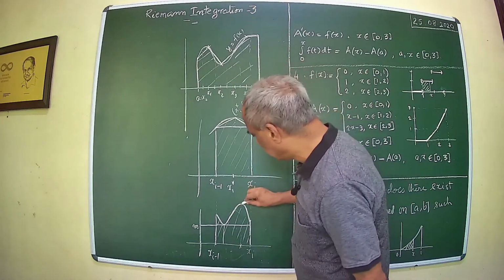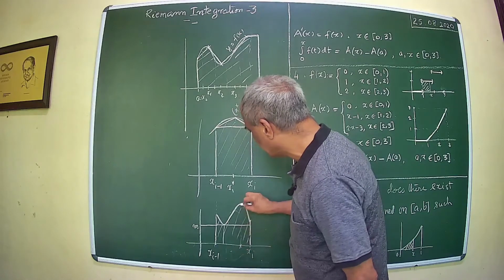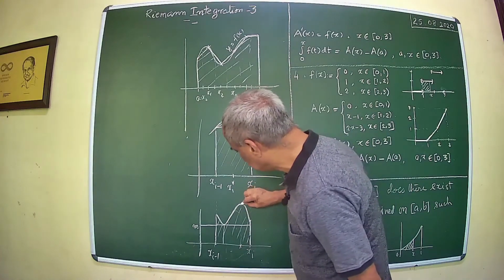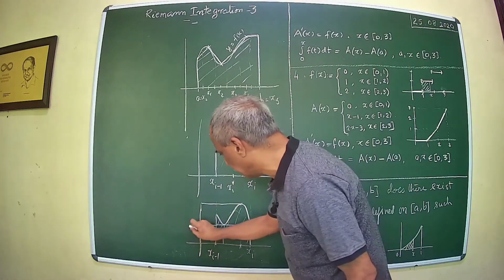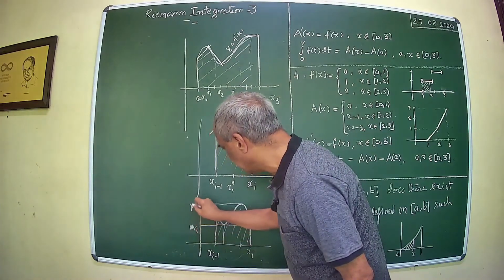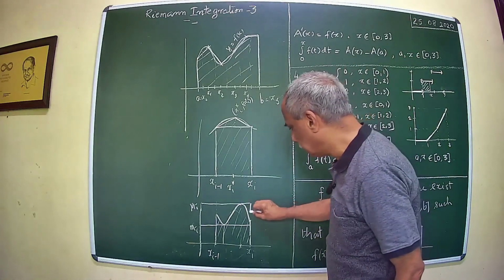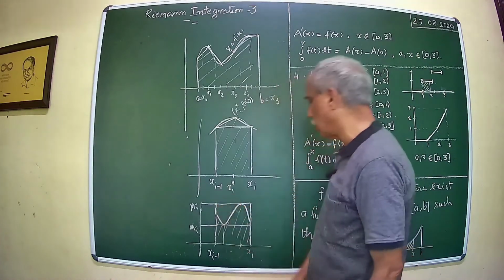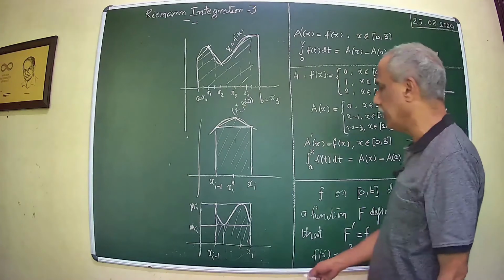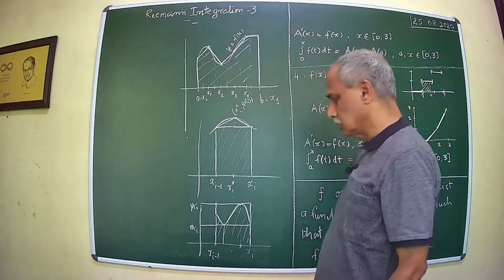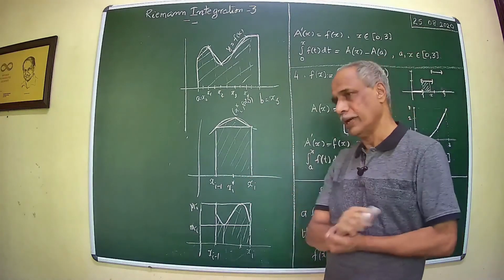So let me call the maximum value of the function at this point capital M, or let me just write this Mi. Therefore, I approximate this area now by the constant function y equal to capital Mi. So I have two approximations now, one from below, one from above.